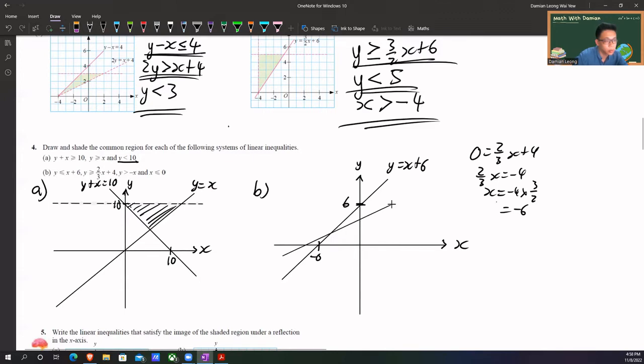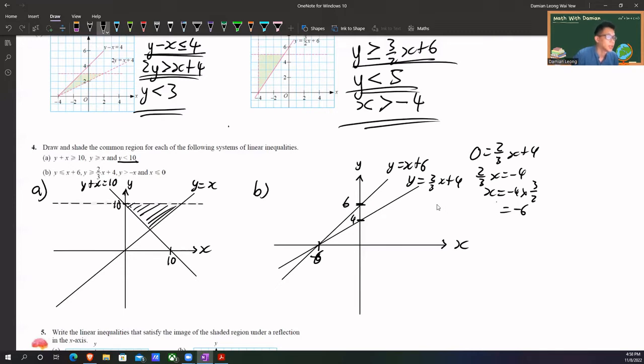So it goes up to a lower point. Yeah, something like that. Okay. This is the y equals 2 over 3x plus 4.